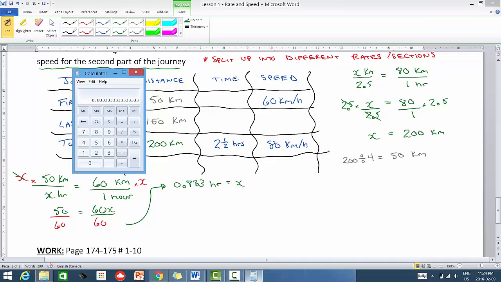So a little trick here is you take this decimal. If you have a decimal of an hour and you multiply it by 60, 60 minutes in an hour, your answer will come out to how many minutes there are. So 0.8333 of that hour will give us 50.